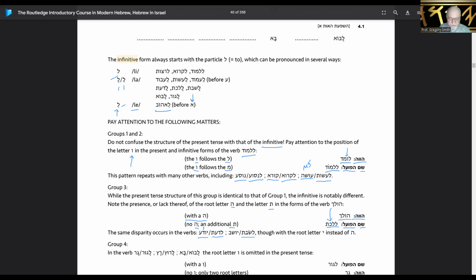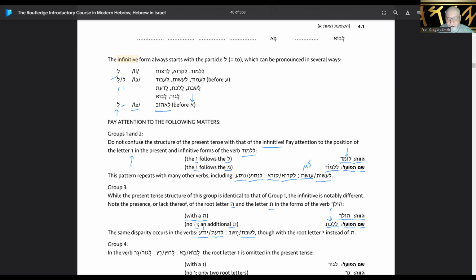Let's see here. Lashevet. Yeah, it comes from yashav, to sit down. לשבת, lashevet.